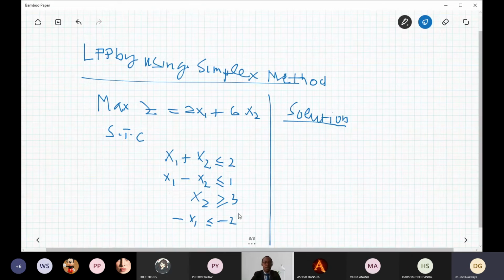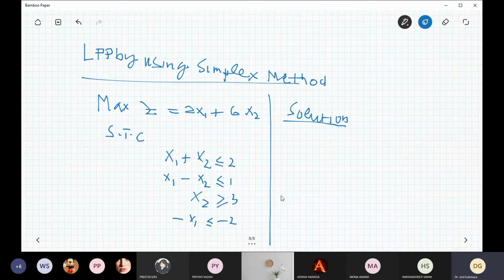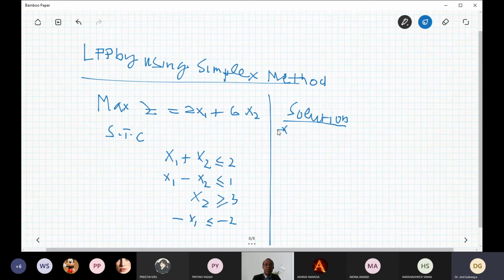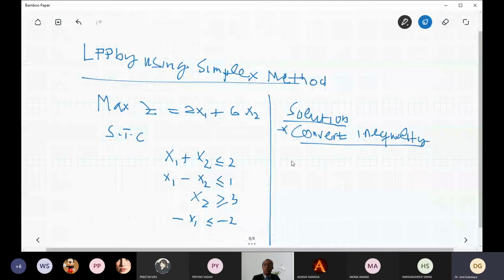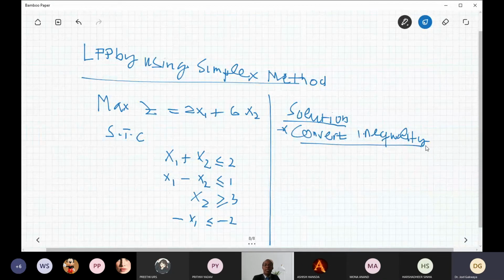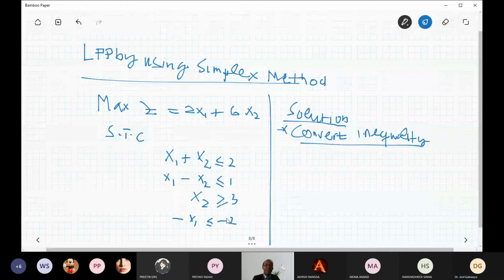I'll try to combine whatever we have seen in the rules so you can understand all in the same exercise. So what do we do first? We want to convert the inequality into equality. To convert this inequality, we are going to add or subtract extra variables based on the sign.